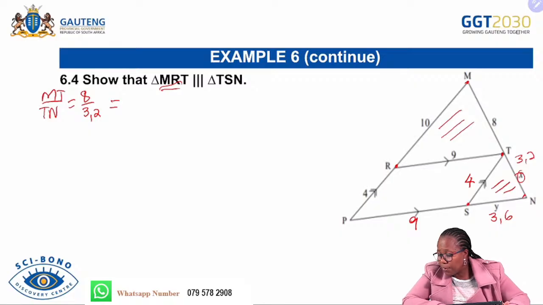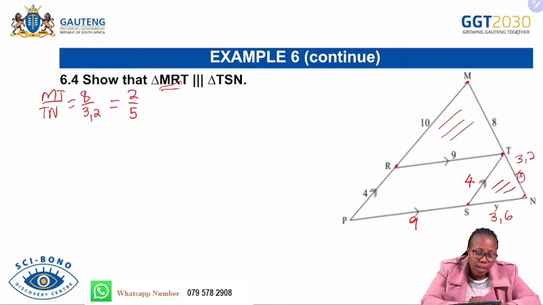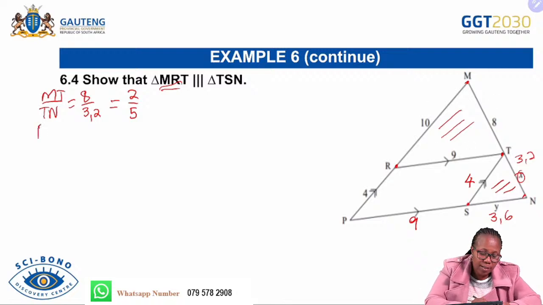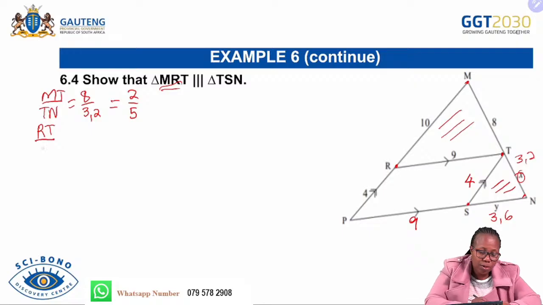And then the simple fraction for that will give us how much, grade 12? We are having a 2 over 5. We are checking ratios now. Okay, and then starting from MRT again, the next will be 9, which is RT, over in triangle TSN the next side will be 3,6, which is SN.